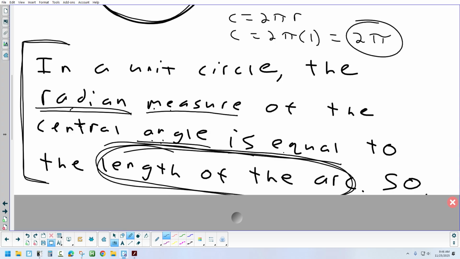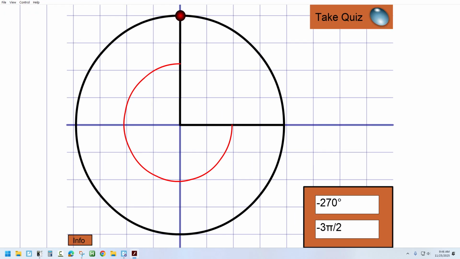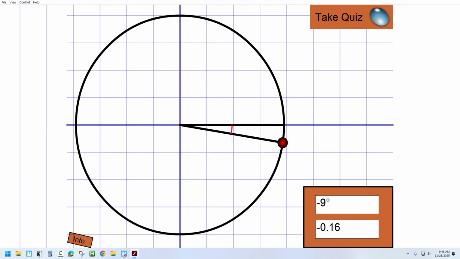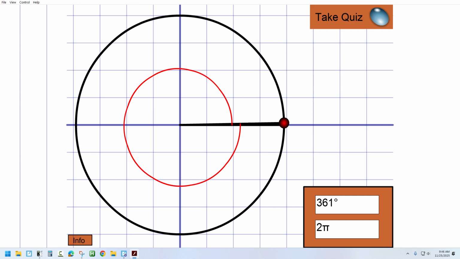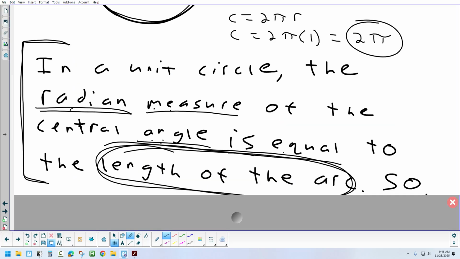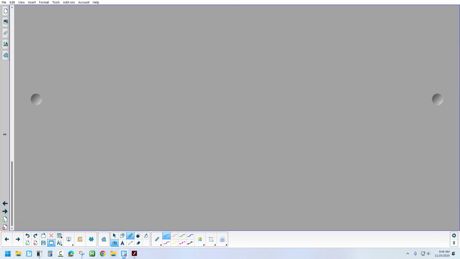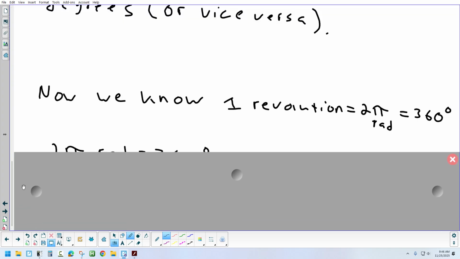So if we look at our diagram and we go all the way around the circle, notice what it says. 360 degrees is 2 pi radians. So now we have a connection between degrees and radians, just like 1 foot equals 12 inches. We can use that connection to figure out anything we want to know to convert between degrees and radians.